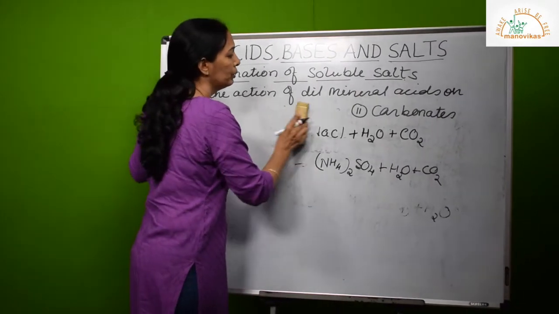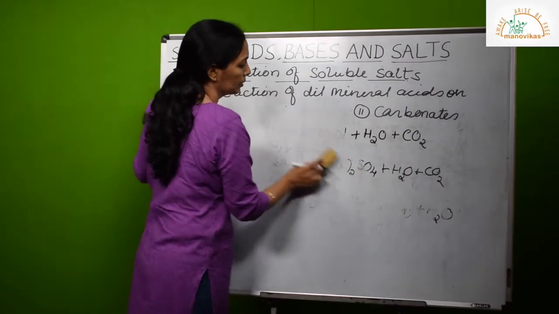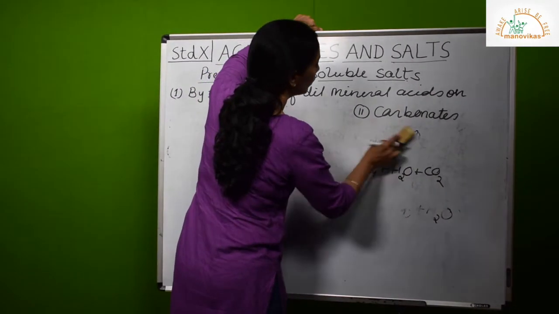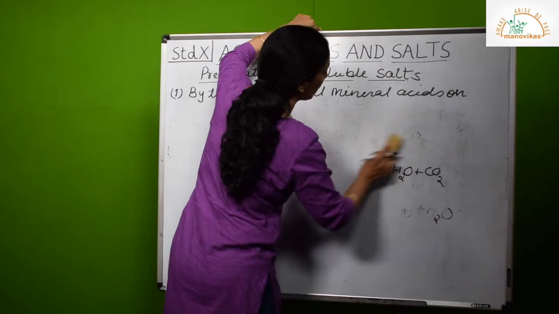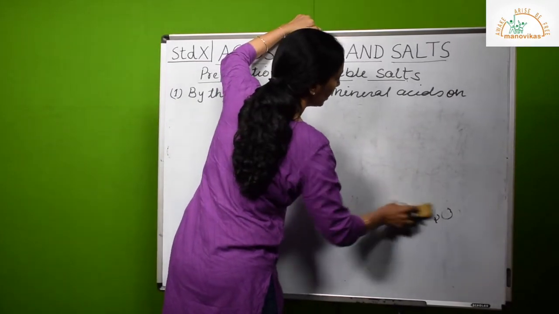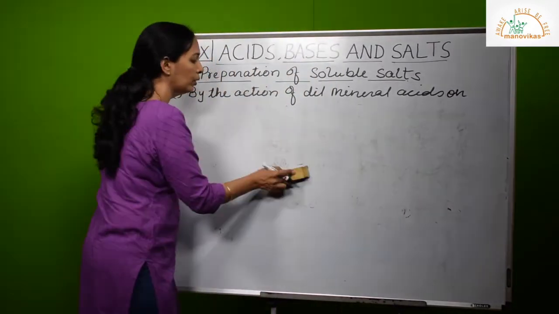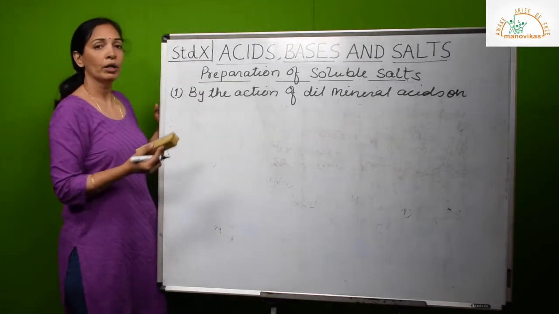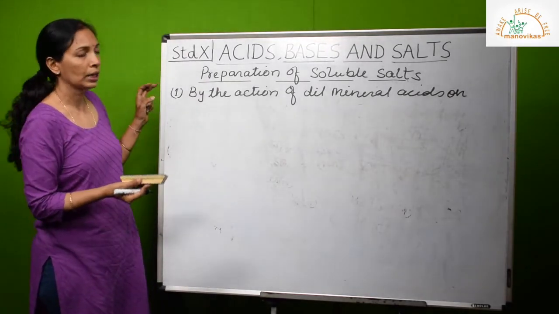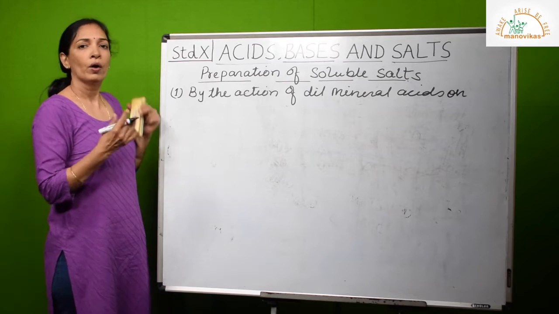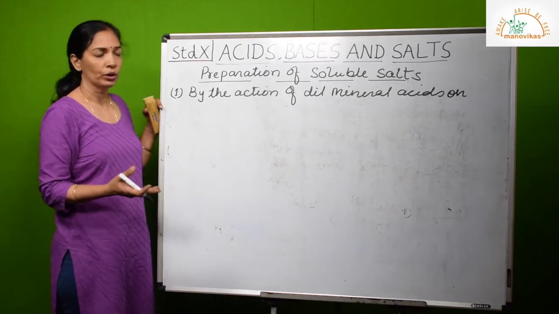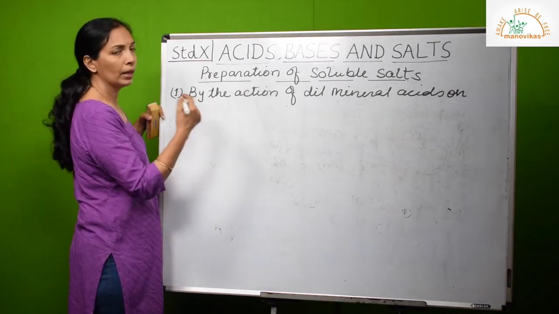Let us suppose we have some insoluble substances. Then how to prepare a soluble salt, and which soluble salts can be prepared, because not all oxides, hydroxides and carbonates are soluble in water. So what about those hydroxides or carbonates or oxides which are insoluble in water? So then also we can prepare a soluble salt.